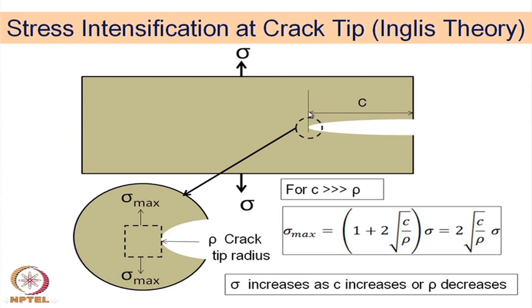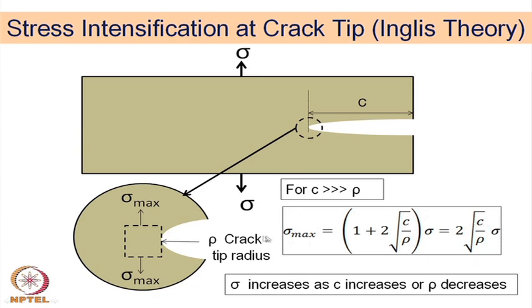Okay. So, the total length is 2c, and if c is much greater than rho, that means this length is much larger than the radius of curvature here, so there is a sharp end. So, rho is very small compared to c, and then we will find the stress experienced at this region in terms of the externally applied stress sigma is an expression like this.